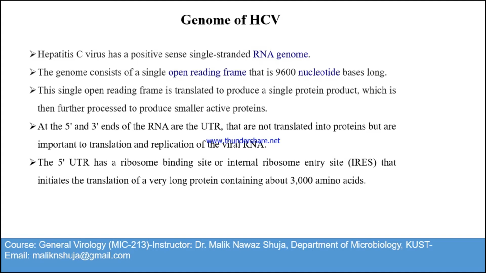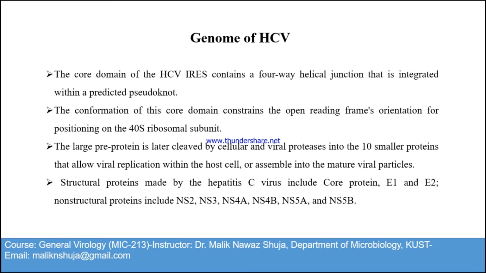At the 5 UTR of the HCV genome there is the ribosome entry site. It is not itself translated, but translation takes place from this region and the polyprotein is produced, which is around 3000 amino acids.